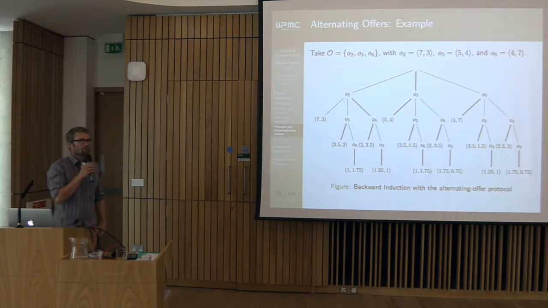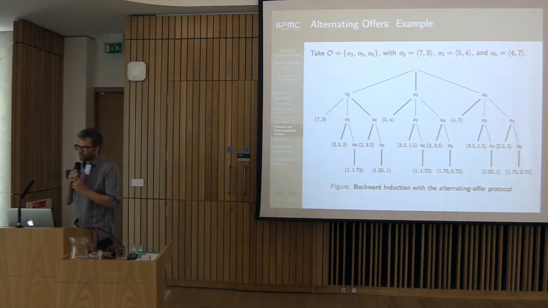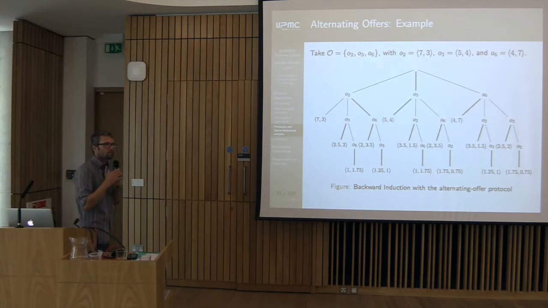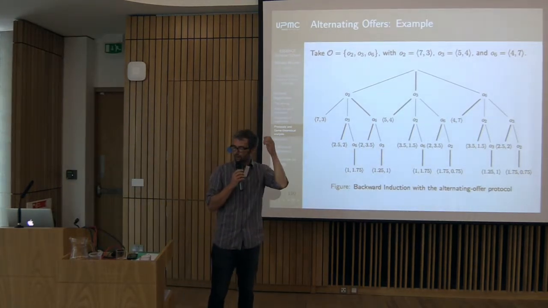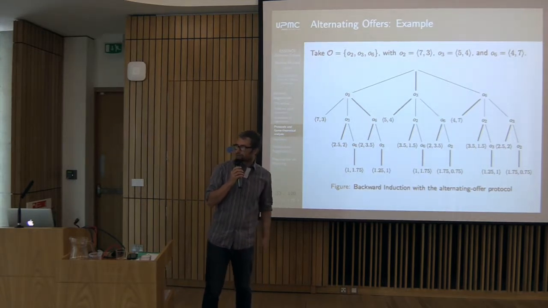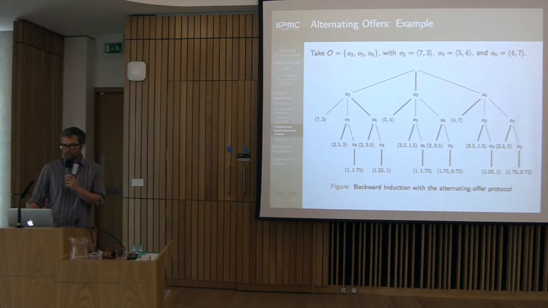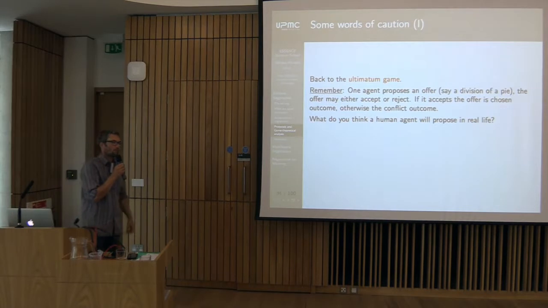So, just before the coffee break, we discussed the alternating offers protocol, which is a sequential protocol. I just showed how it could be solved by backward induction techniques easily, but of course, assuming that you know all the preferences and utilities of agents. So that's one of the very strong assumptions, as already said. And I would like to conclude with some words of caution.